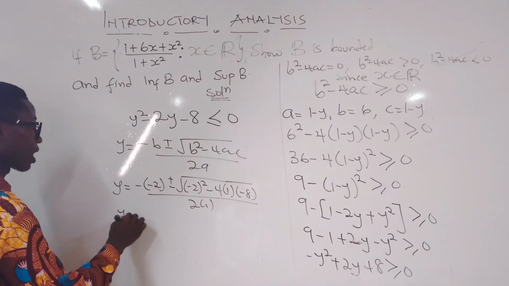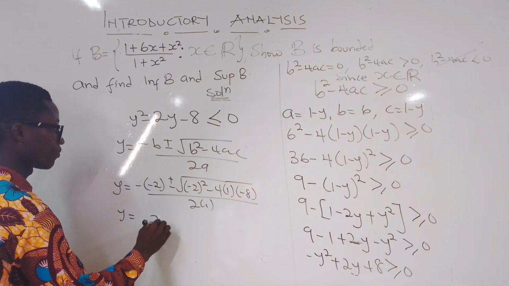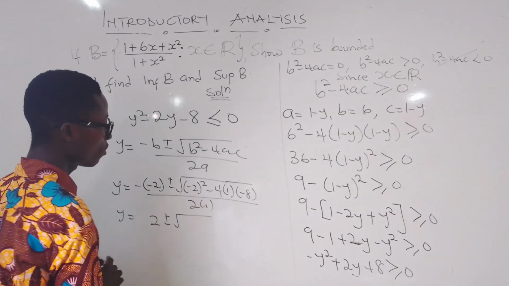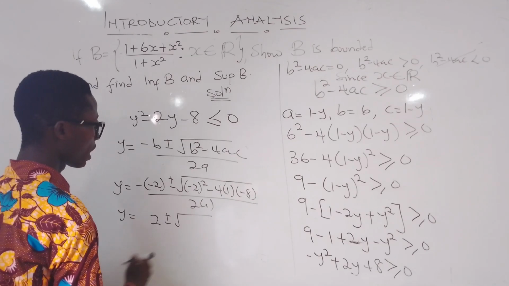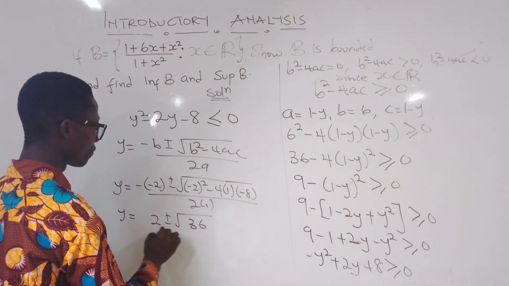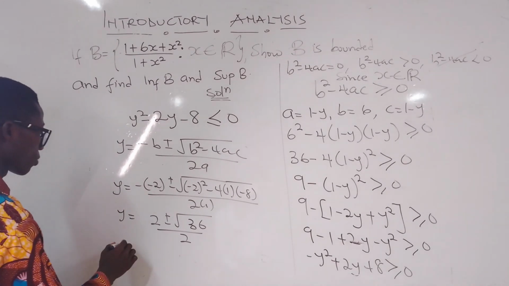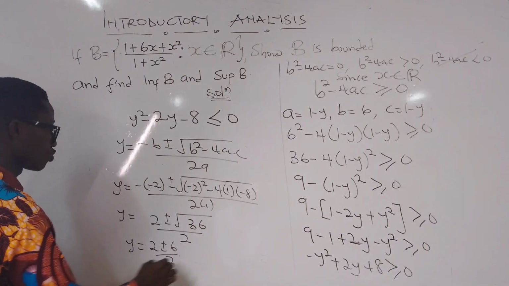So I'm going to have y equal to 2 ± the square root of 4 + 32, which is 36, over 2. And the square root of 36 is 6. So I'm going to have y = (2 ± 6)/2.